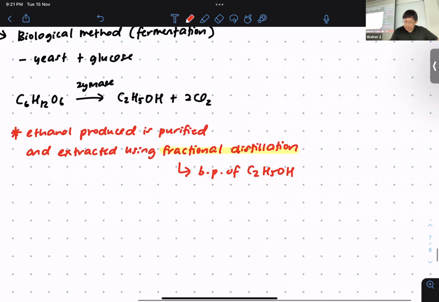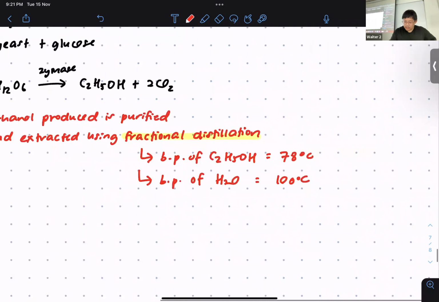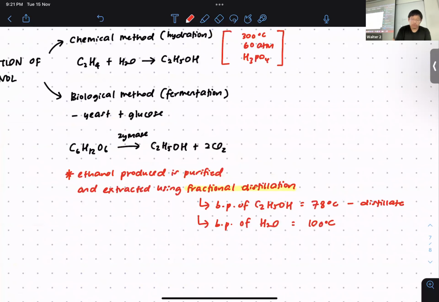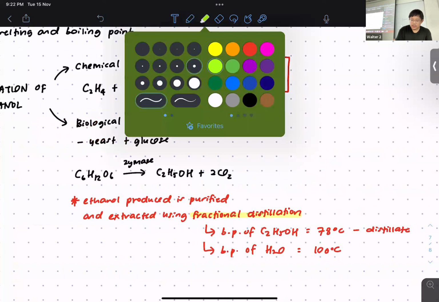And then the boiling point of water is 100 degrees Celsius. So this one will become the distillate, to get pure ethanol. So that's how we create ethanol, through two different methods, both of which you have to memorize.